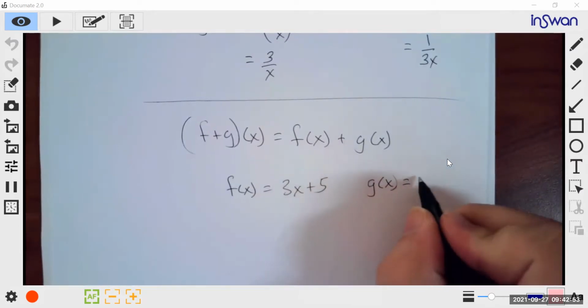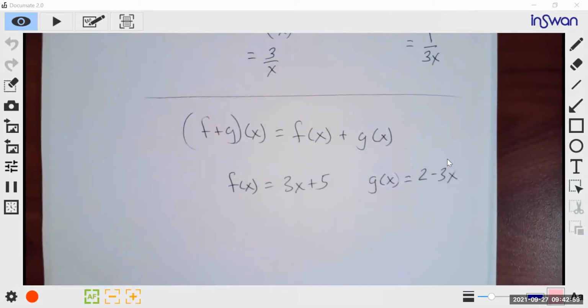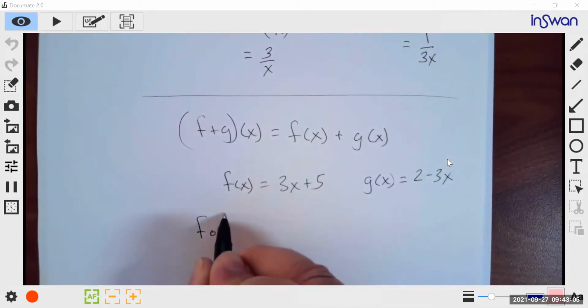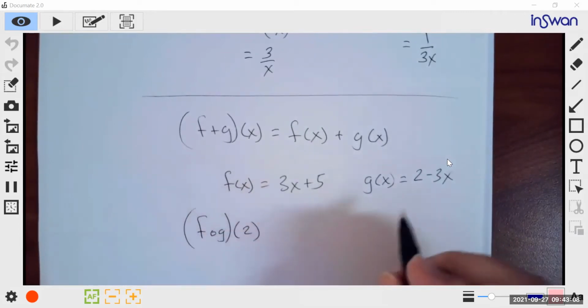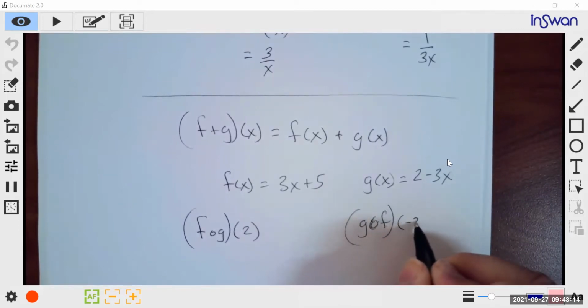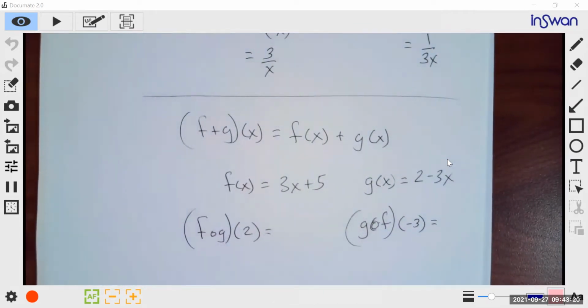G of x equals 2 minus 3x. Because I can ask you, instead of x, I can give you a specific value in there. And you can either work at putting the functions together first, then put the x in there, or find the values first and then use those.